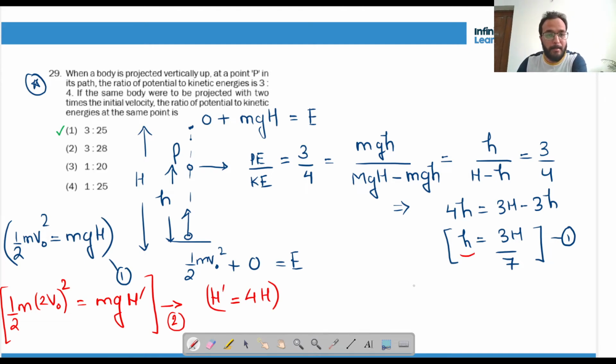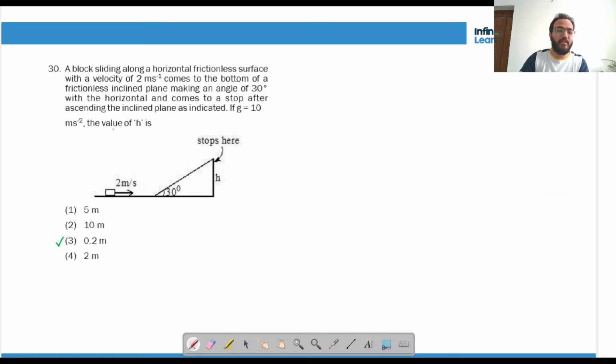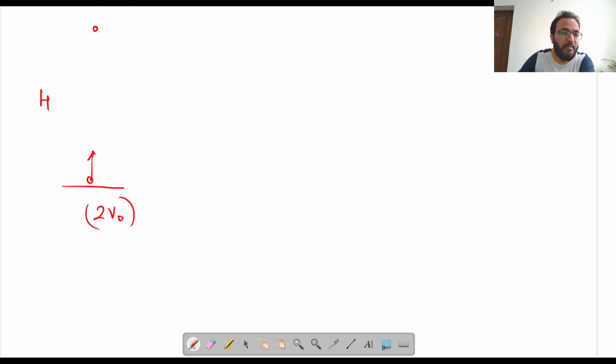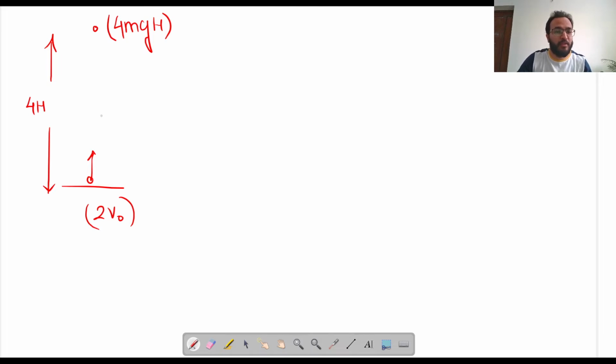Do you understand? Okay, so let me take a page up here. This time it is thrown with 2v naught, such that it goes to a height of 4H, such that its maximum potential energy is 4mgH, right? So at the same height small h, what is potential energy? You will say, sir, mg into small h. What is kinetic energy?